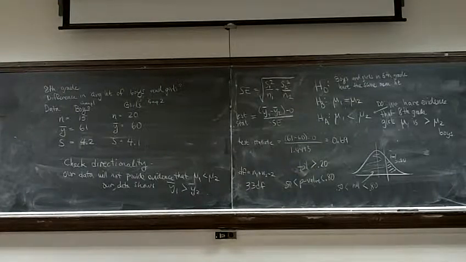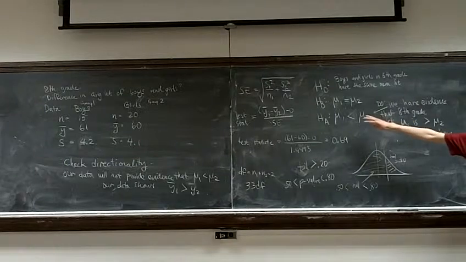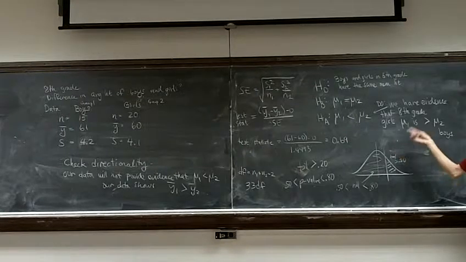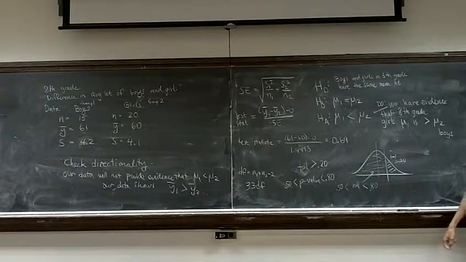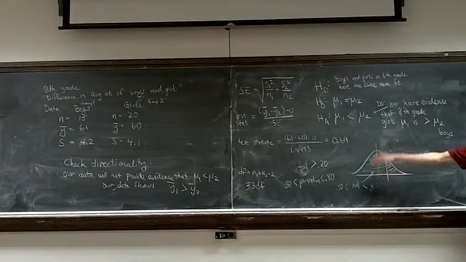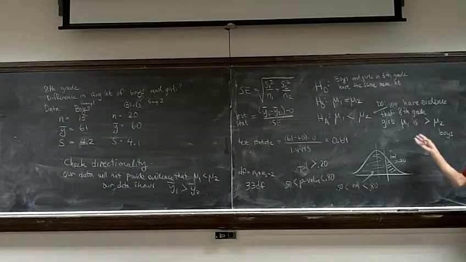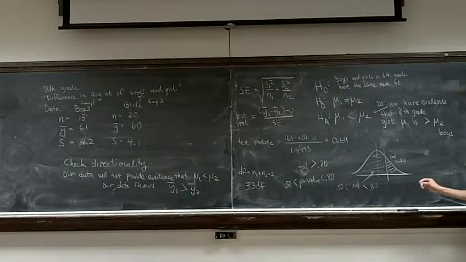Can we see that? So in this case, had we set up our alternative and our data goes contrary to our alternative, then we have this reverse situation. You actually don't even have to go through it. Anytime your data goes contrary to your alternative, you know your p-value is going to be over 50%.